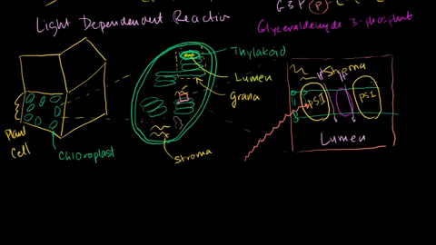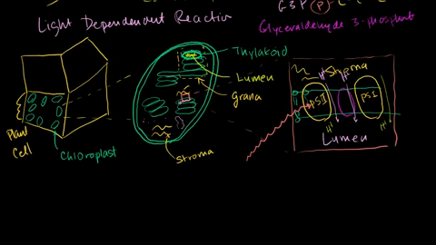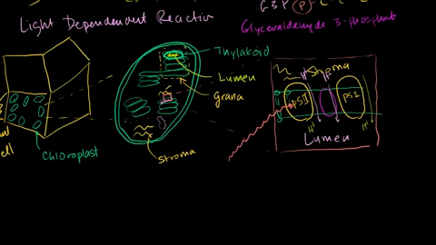But the whole time, that energy from the electrons going from a high energy state to a low energy state is used to pump hydrogen protons into the lumen. So you have this huge concentration of hydrogen protons. And just like what we saw in the electron transport chain, that concentration of hydrogen protons is then used to drive ATP synthase.